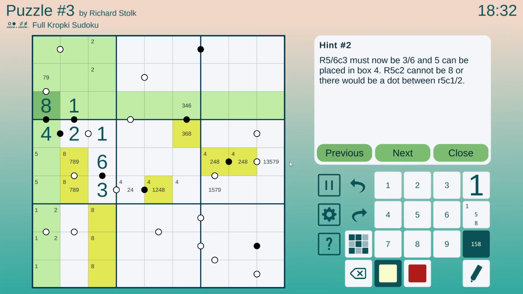Okay, row 5, 6, column 3 must be 3, 6, and 5 can be placed in box 4. Wait, 5 can be placed? What?